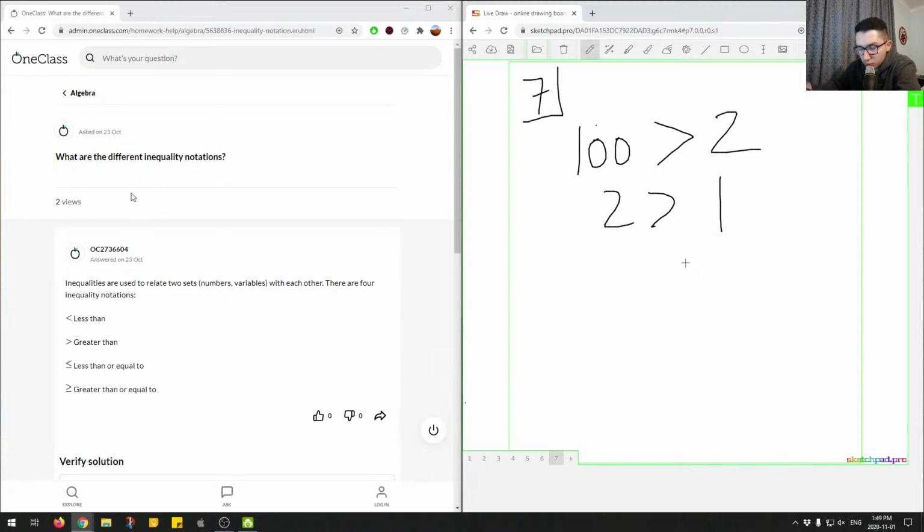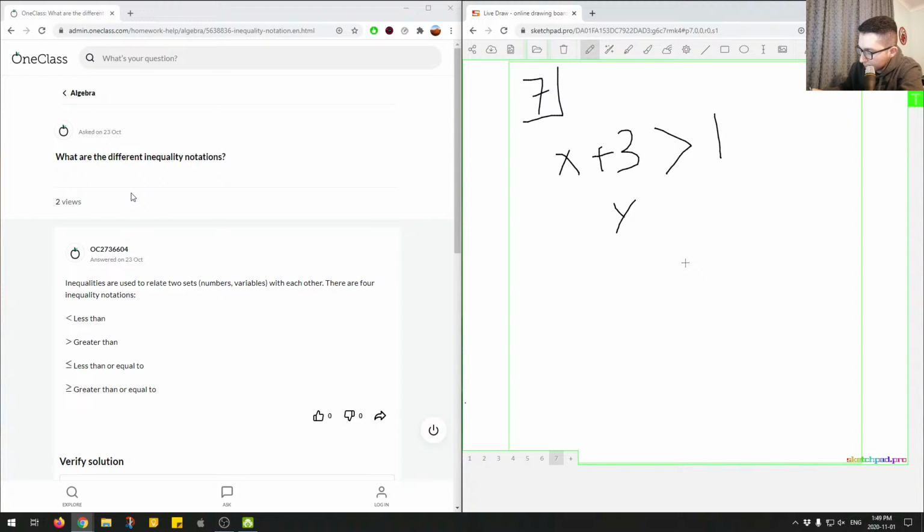We can also use an expression again, so we'll add variables. We could say that x plus 3 is greater than 1. If we subtract 3 from both sides of the equation, we end up with x is greater than 1 minus 3, which is negative 2.